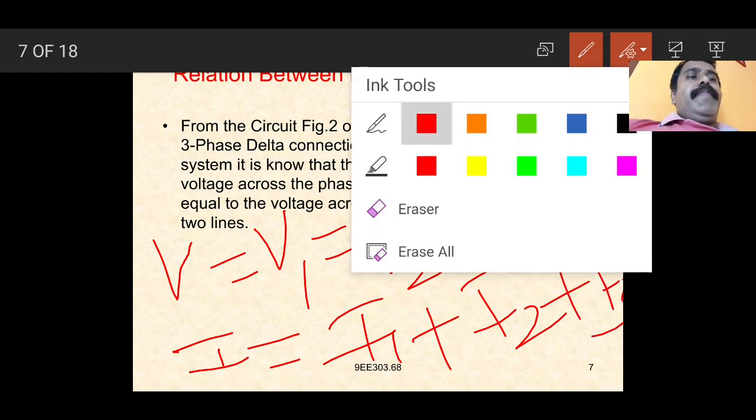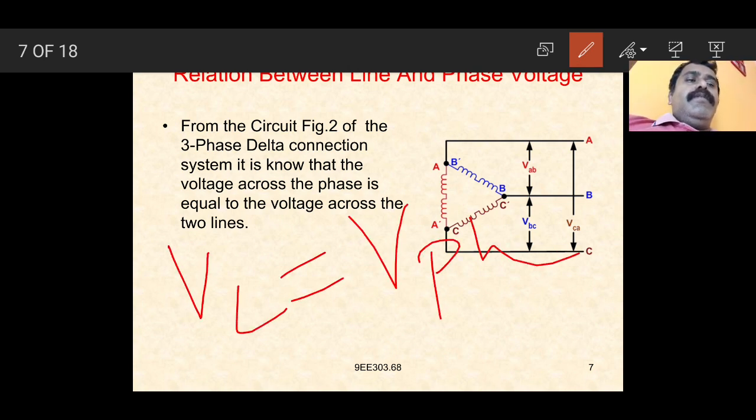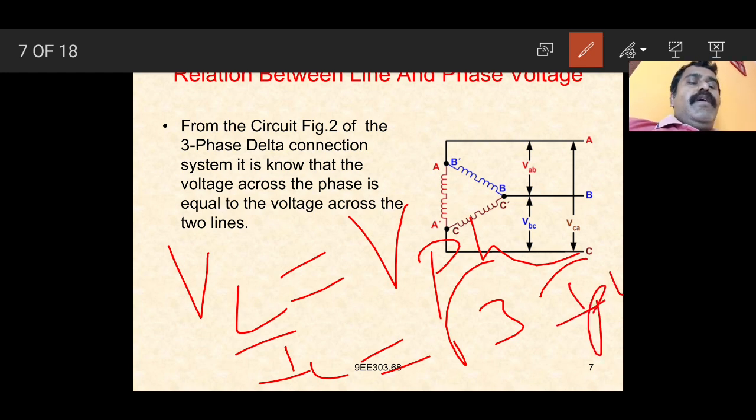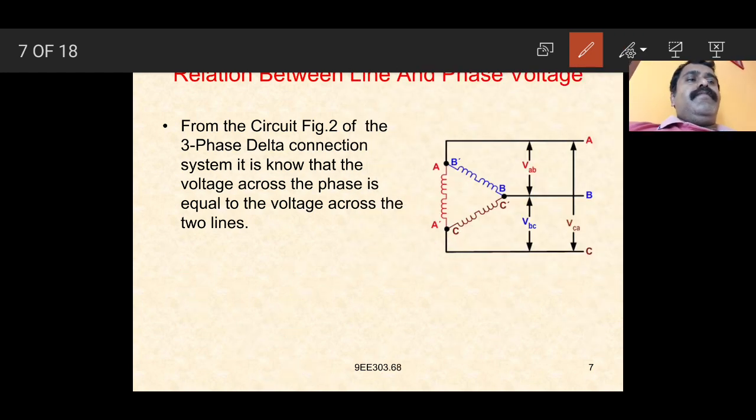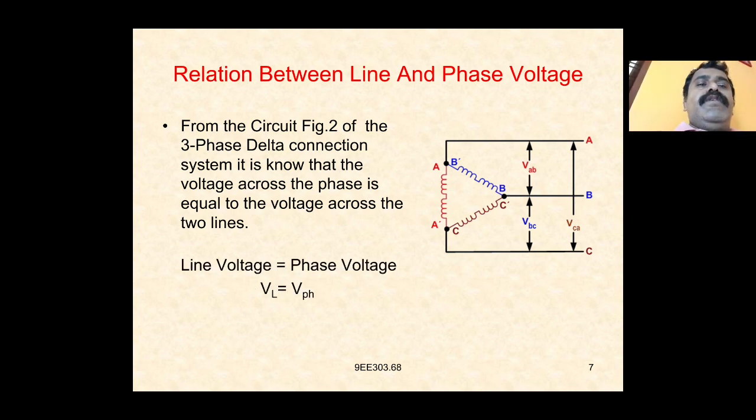So the line voltage VL is equal to the phase voltage, and the line current IL is equal to root 3 of I phase. VL equals V phase in the case of delta connection.